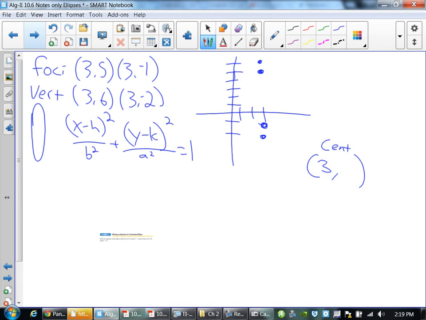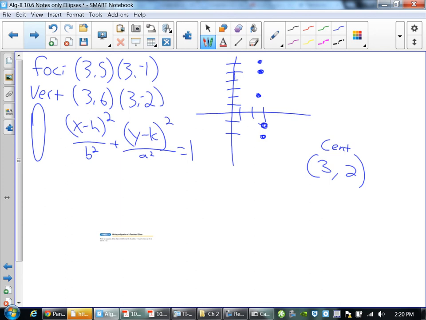The center is always going to be equidistant between those. So what is 5 plus negative 1? 4. What's half of that? 2. So my center will be at (3, 2). So I now know my h and k. Now the fun part, counting.